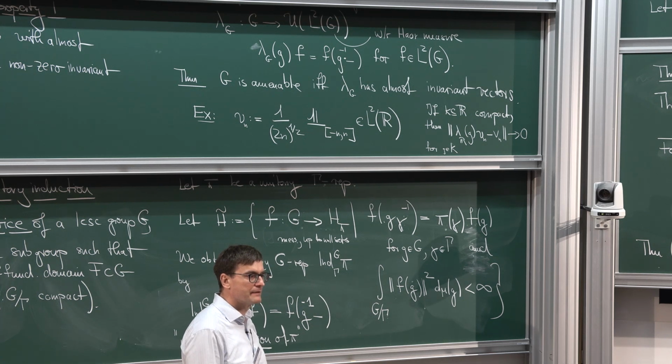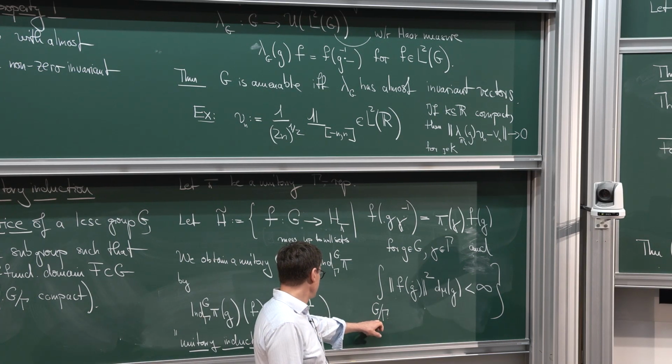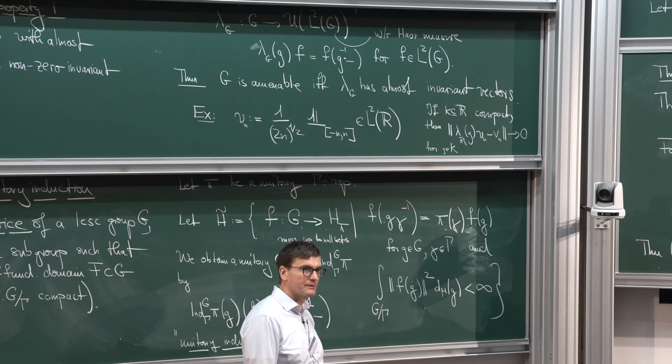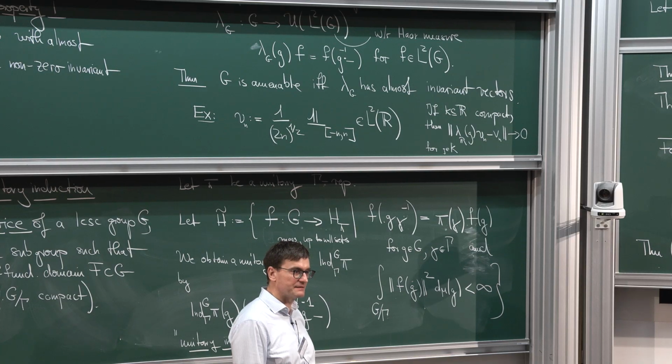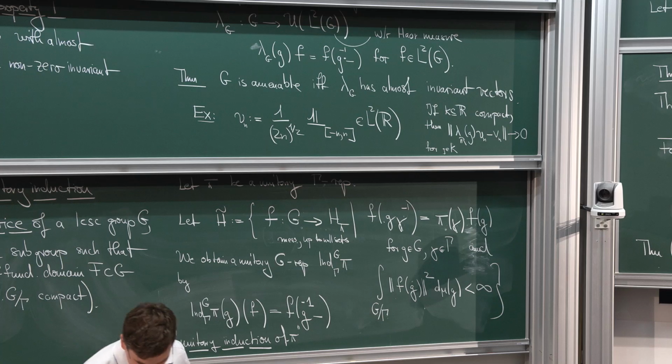Or let's say discrete. Then the question is only how much do you get actually in the unitary induction, because now you have an infinite measure here. But you can certainly write it down. Is the question where finite covolume is used?